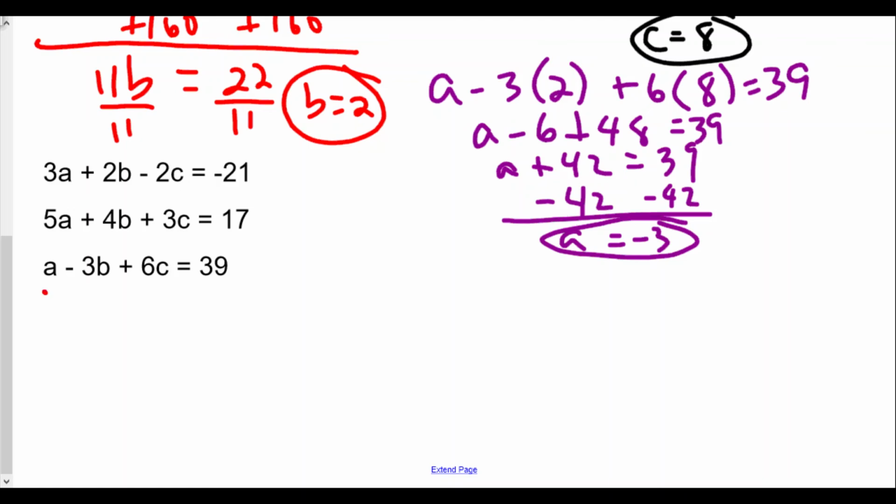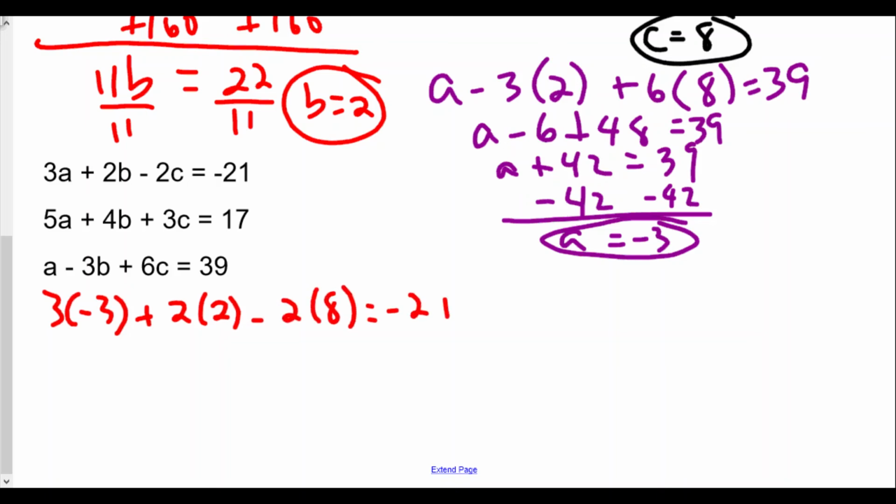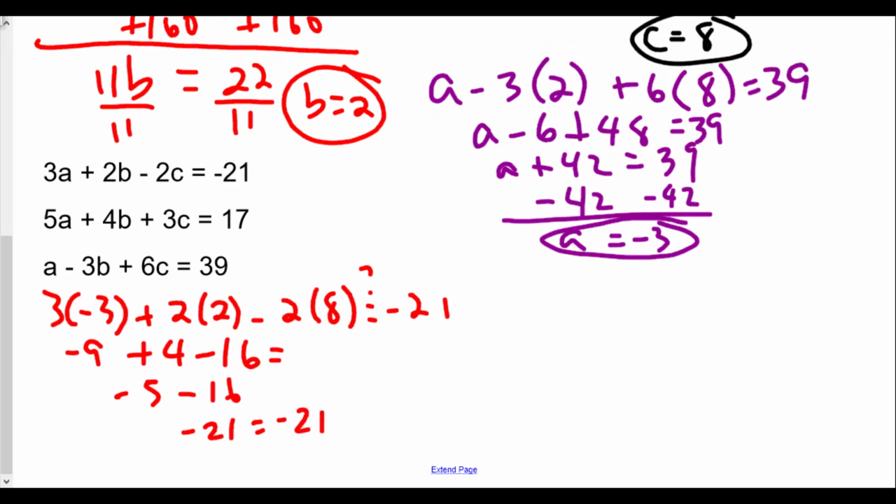So we have, does 3 times negative 3 plus 2 times 2 minus 2 times 8 equal negative 21? Well, that's negative 9 plus 4 minus 16, and we get negative 5 minus 16, that's negative 21, and that's equal to negative 21. So that works out great. Now for our second equation, 5a plus 4b plus 3c equals 17.